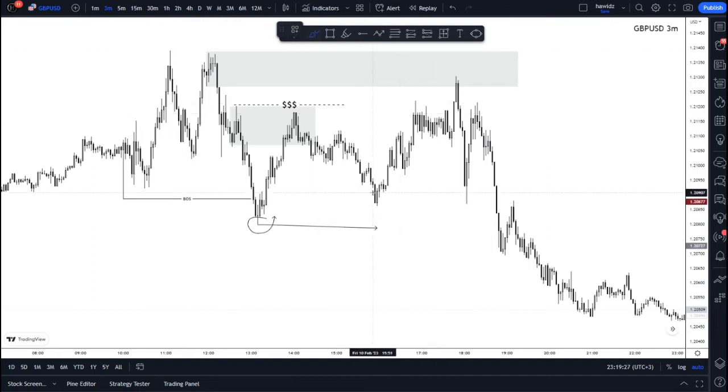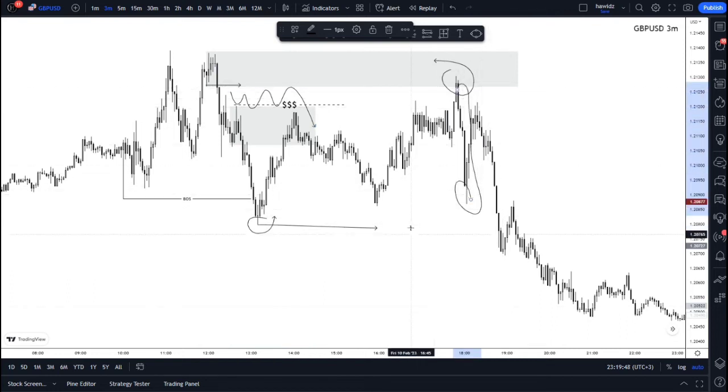Look at now what price comes to do, right? So price comes up and breaks bullish, and instantly with that break bullish, price comes, mitigates this area here, taking out this liquidity and then re-breaking bearish.